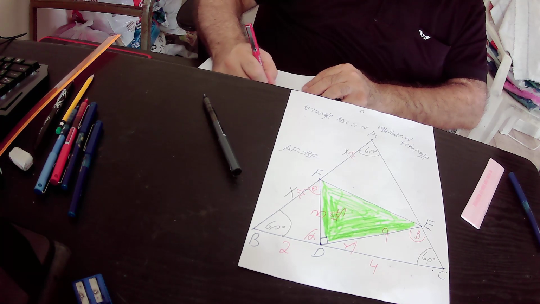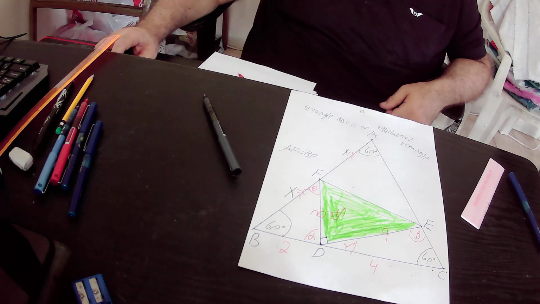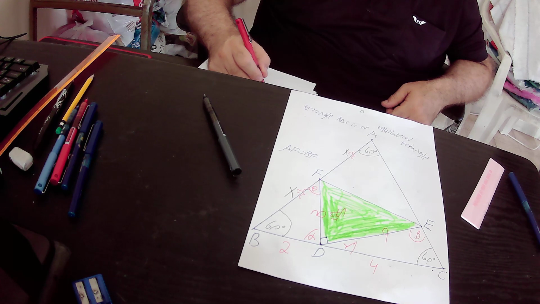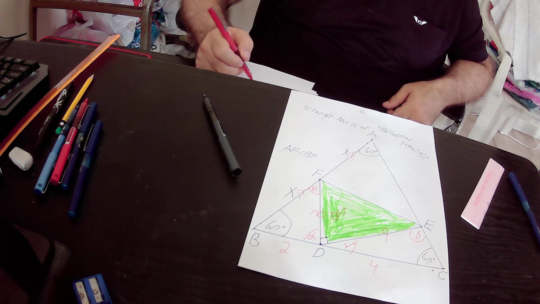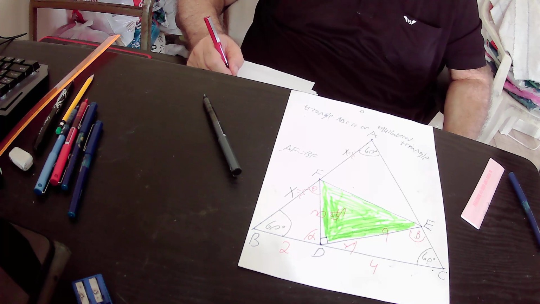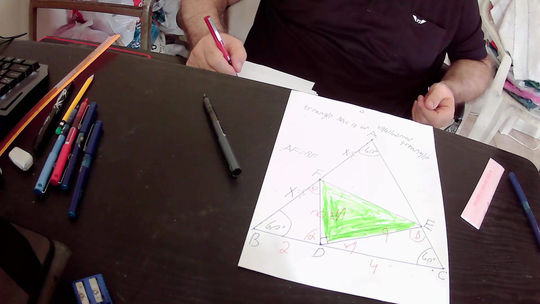And sine 60 degrees equals root 3 over 2. BD equals 2 units, and sine theta is the value that we want to find out.